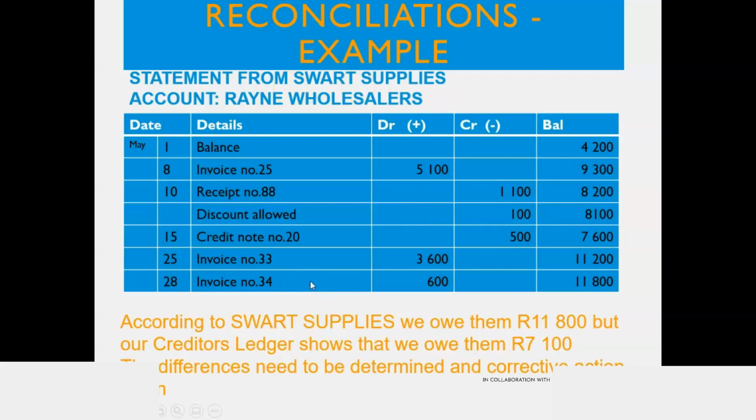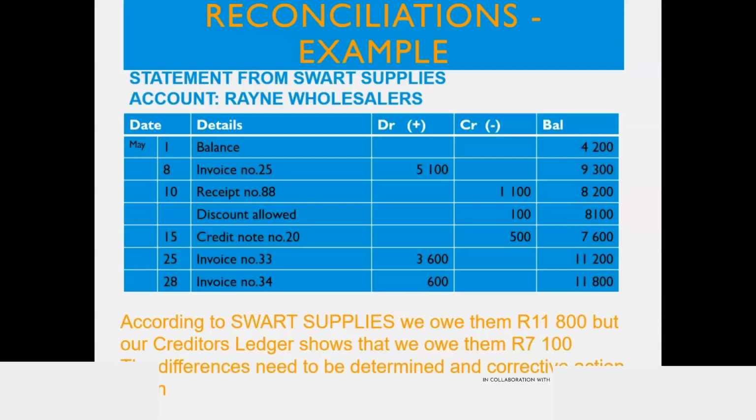Picture this: if your family members have an account with Woolworths, every month, especially for church, there used to be a statement that would come with that little nice magazine.